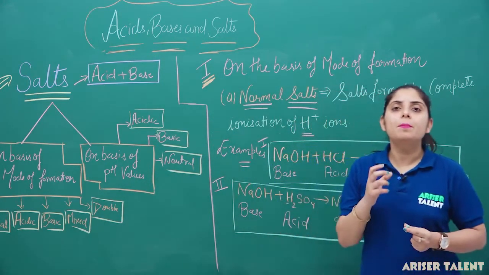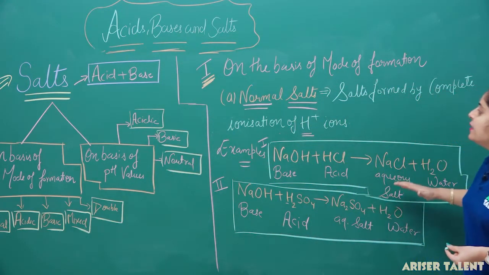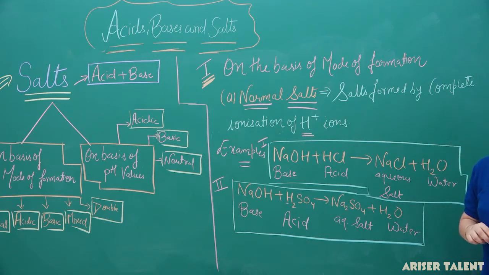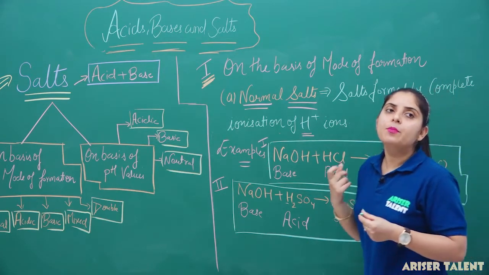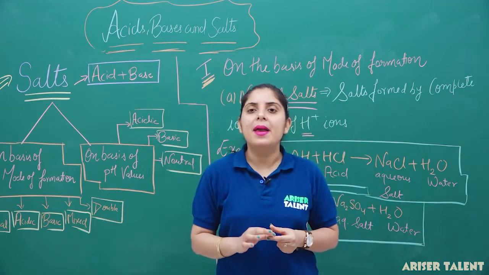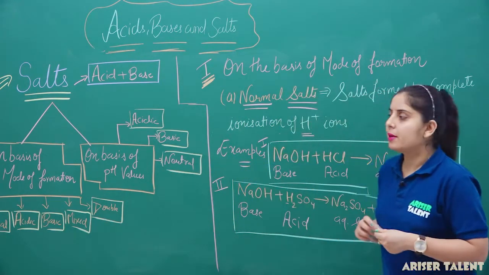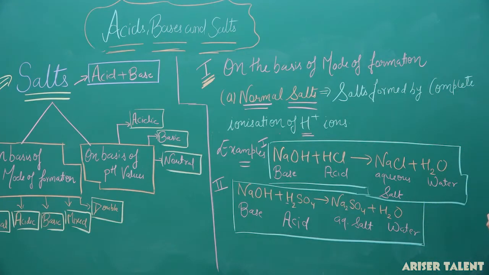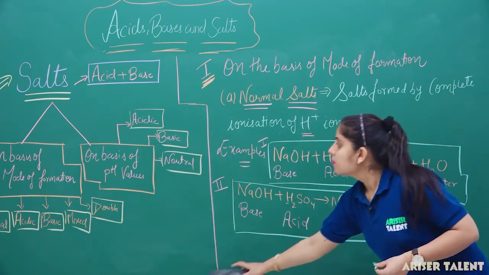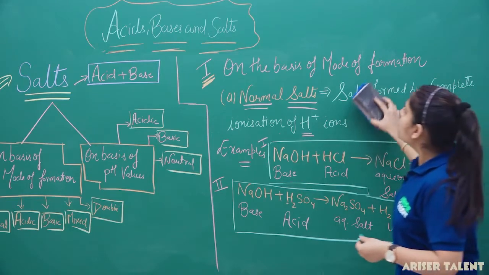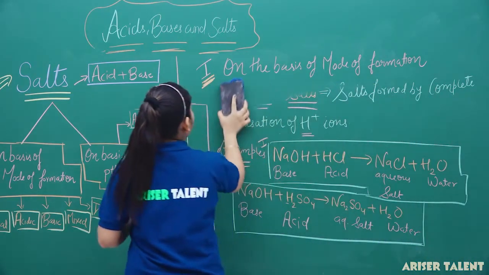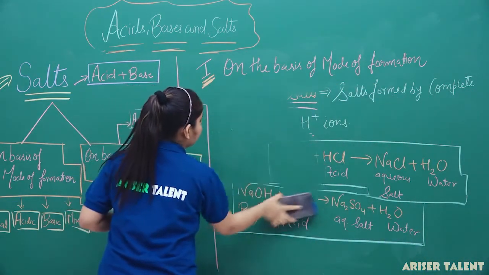So if there is complete ionization, we can consider it in the category of the normal salt. Now we have many types of normal salt according to their parent salt, and I am writing these categories here. Now we have many types of parent salt and their normal salts.